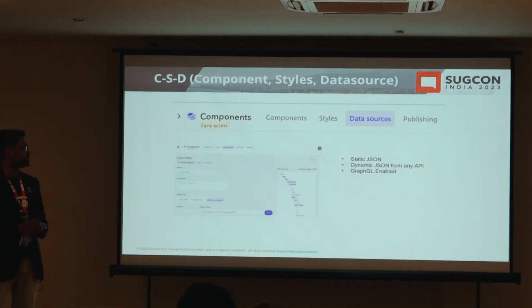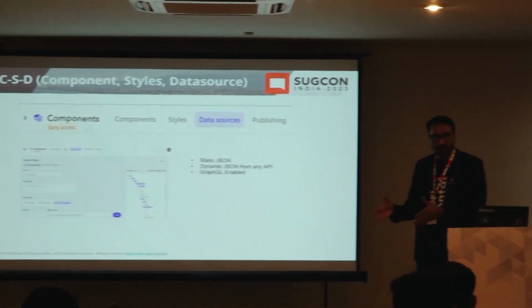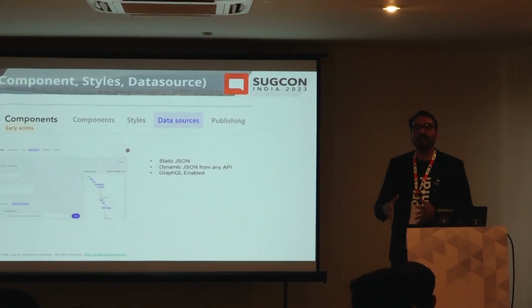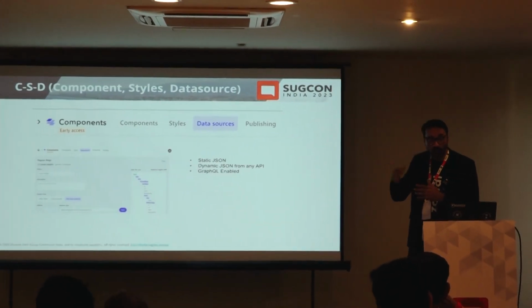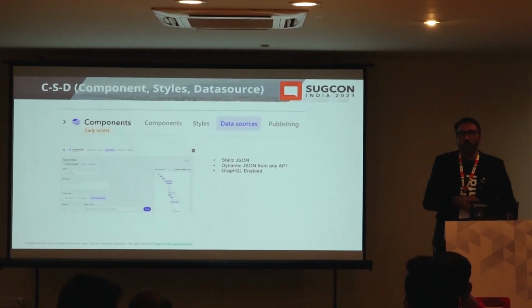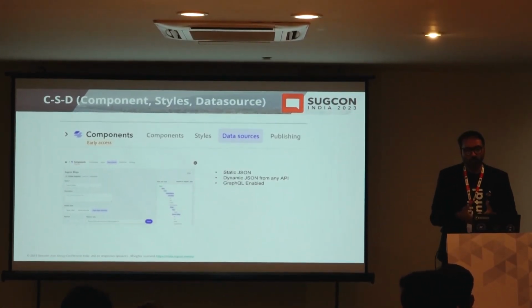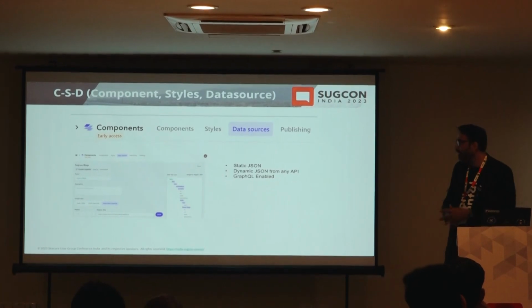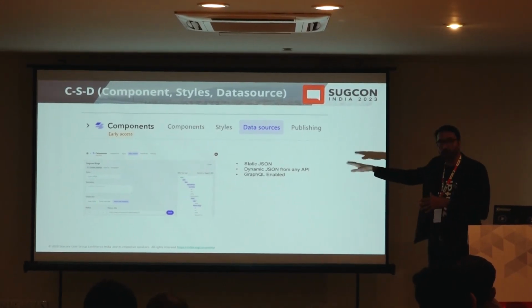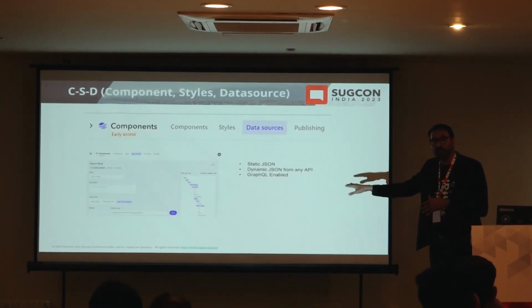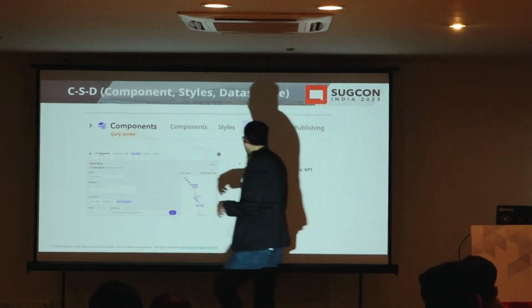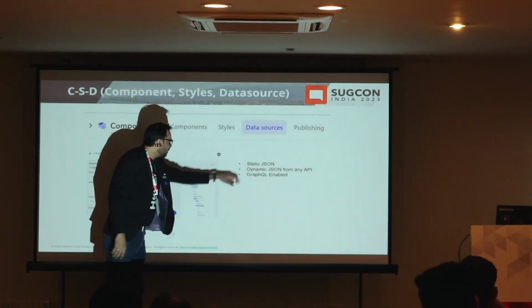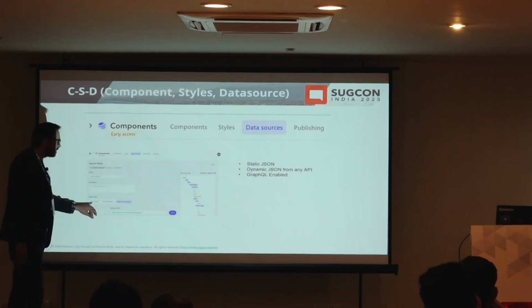Cool. So we saw components, we saw style. Now, last but not the least, is the data source, and I think the most important one. When we talk about XM Cloud Components data sources, currently it offers these three particular types of data source that you can configure inside them. Here, if you see the static JSON option, we have the paste JSON option.